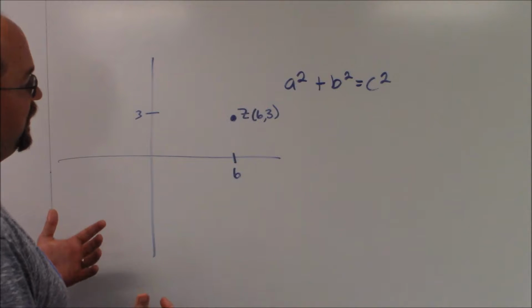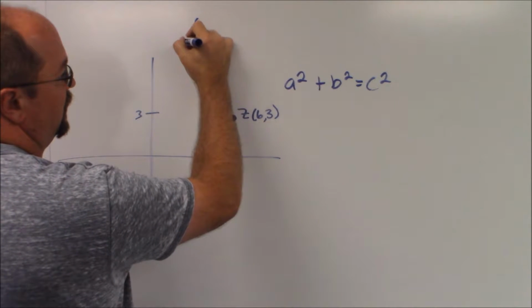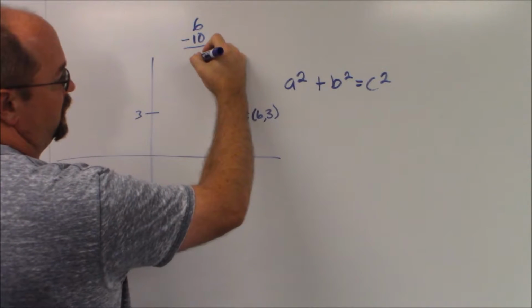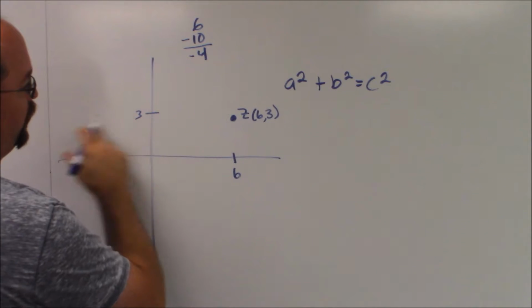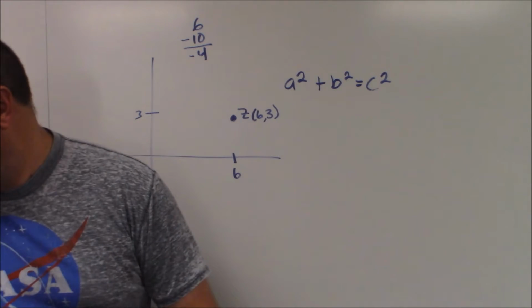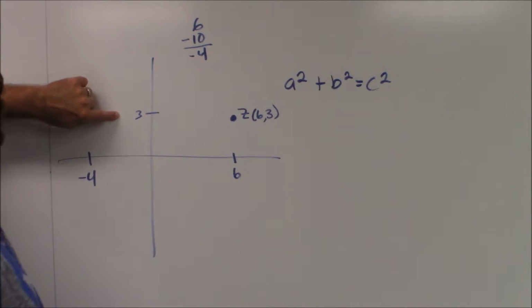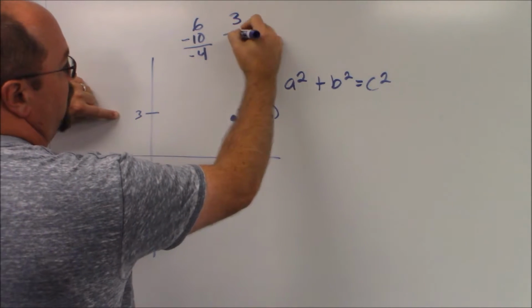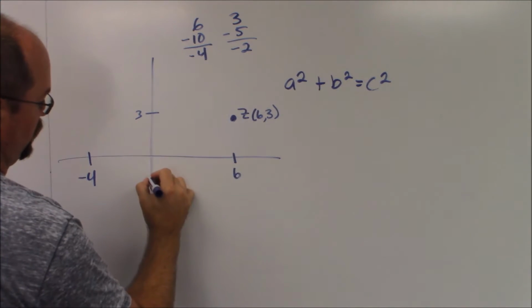So 10 units to the left means we're going to subtract 10 from 6 to give us -4 for our x value. And then we are going to be going down 5 units. So we're going to go down 5 from our y value of 3, which is going to give us -2.